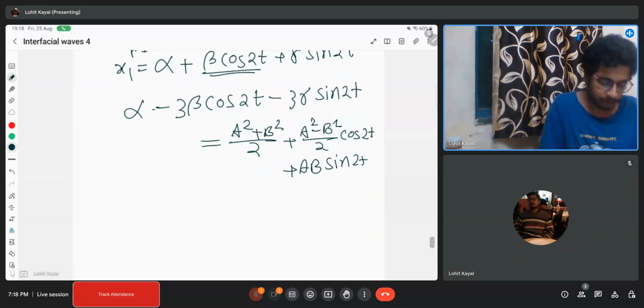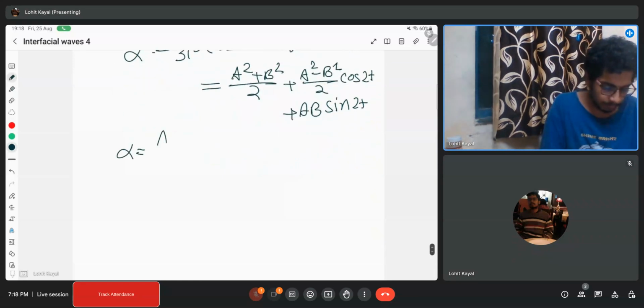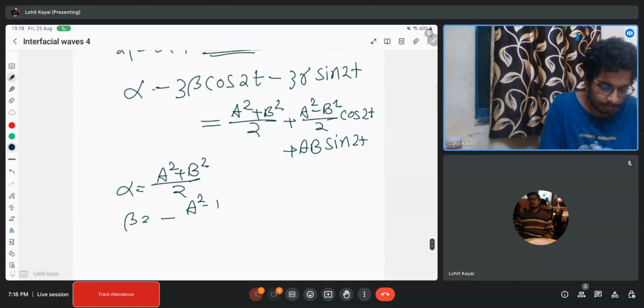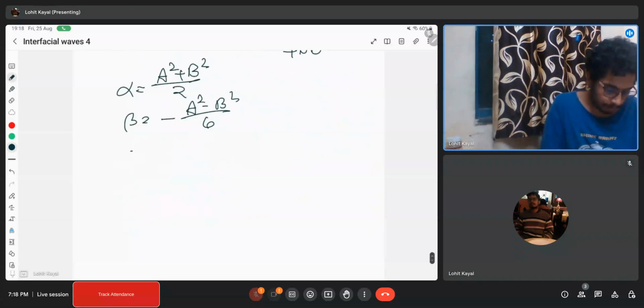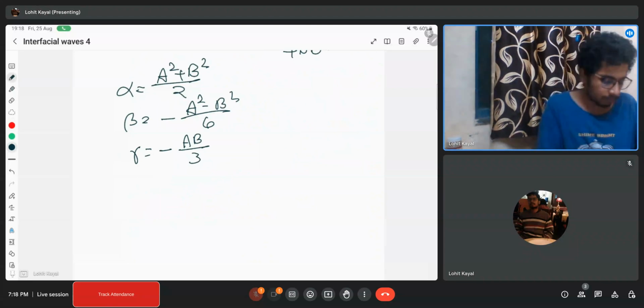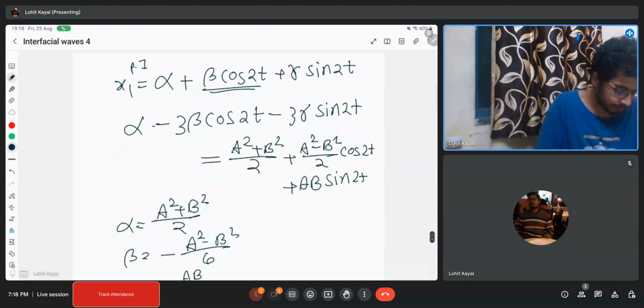If you compare the coefficients, you will get alpha equal to (a² + b²)/2, beta equal to minus (a² − b²)/6, and gamma equal to minus ab/3. So what is your final expression?